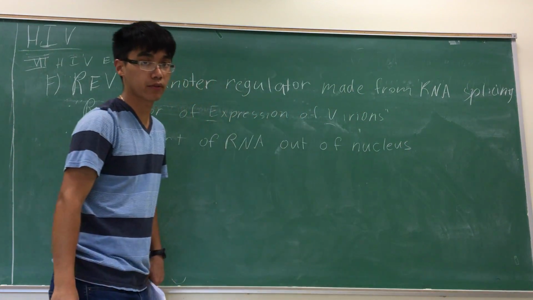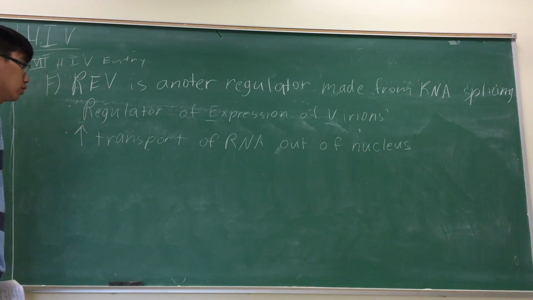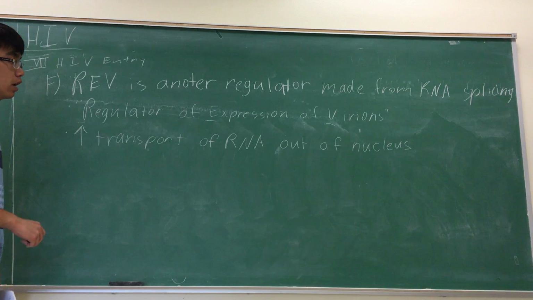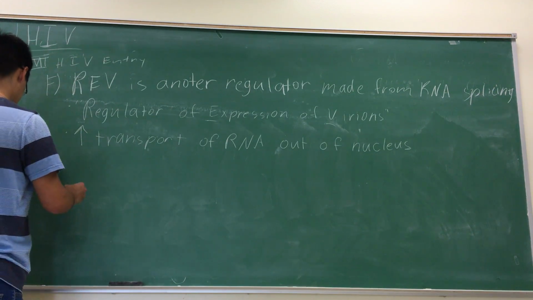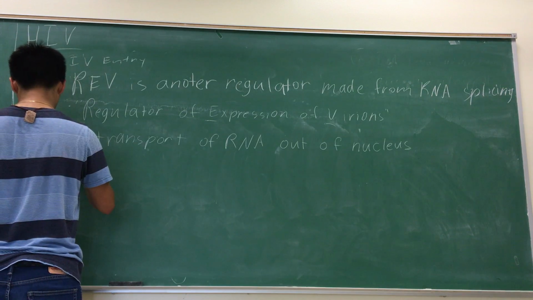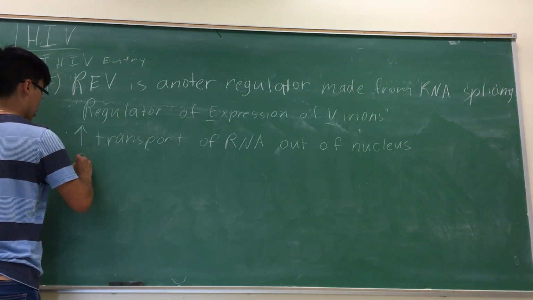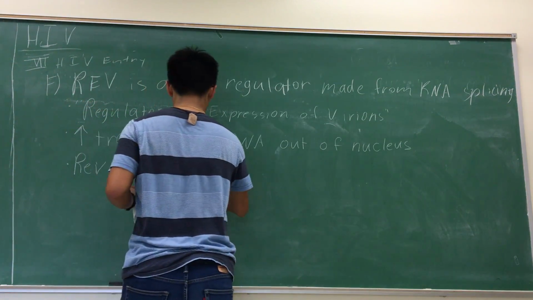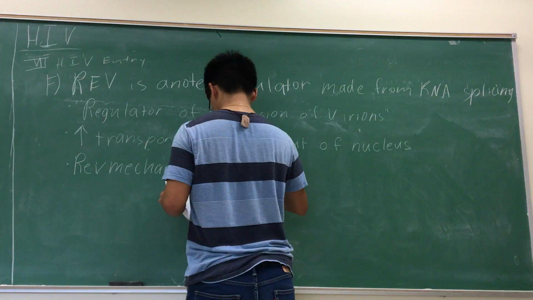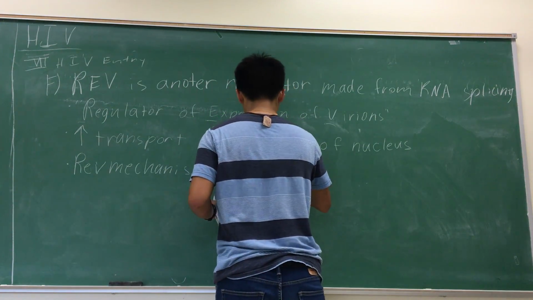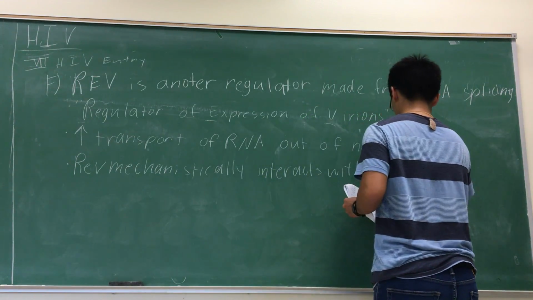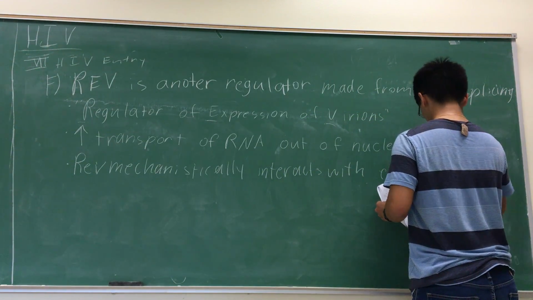So you try to make a bunch of HIV proteins. First you use TAT to transcribe from the DNA to RNA, and then you need to bring that RNA out of the nucleus into the cytoplasm. Specifically, mechanistically, Rev interacts with exportin 1.